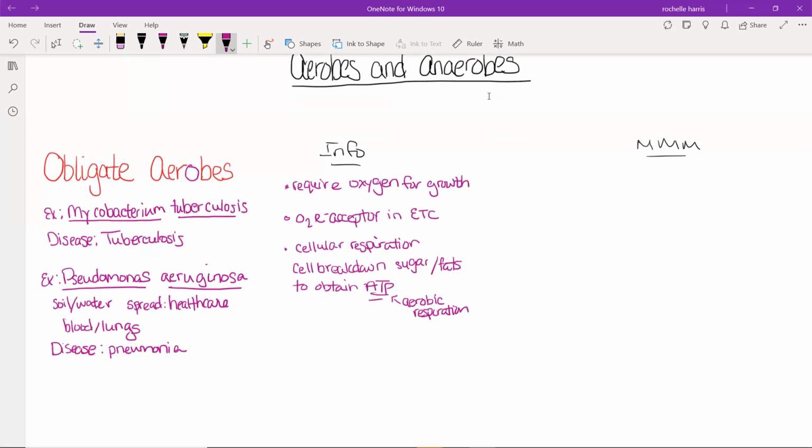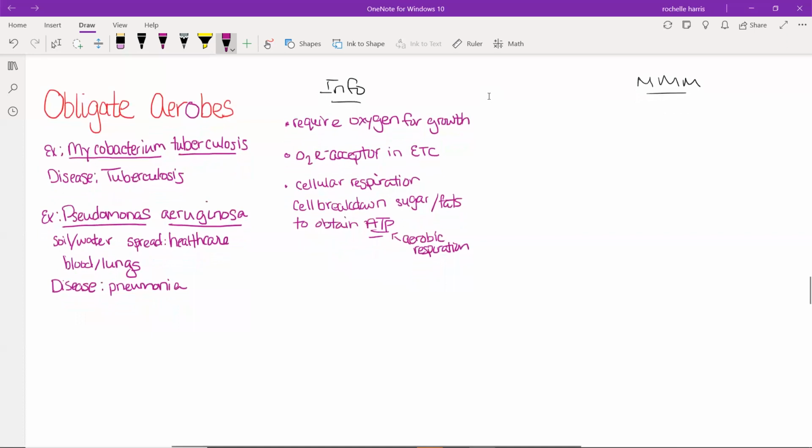So now that we have the information, how are we going to remember this material? An easy way that I do is a micro mind map. I'll give you a short version. We have our microbe, the obligate aerobe.